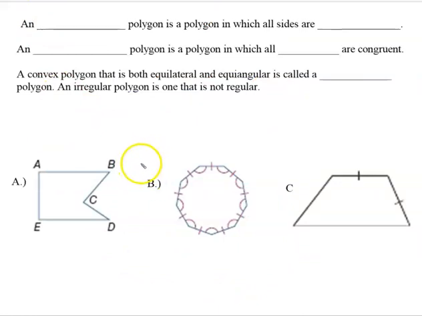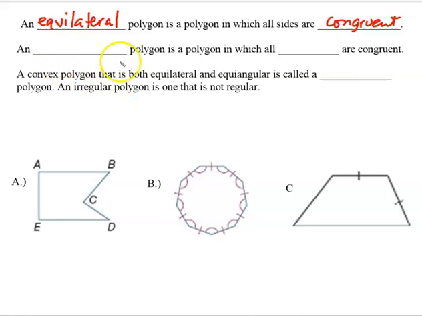Okay, almost done with terminology, and then we'll get to some actual assignment examples. So we have certain polygons which we call equilateral. An equilateral polygon is a polygon in which all the sides are congruent, same measure.